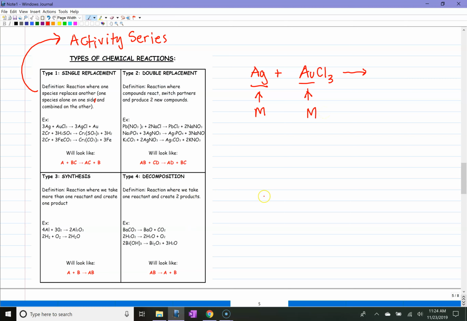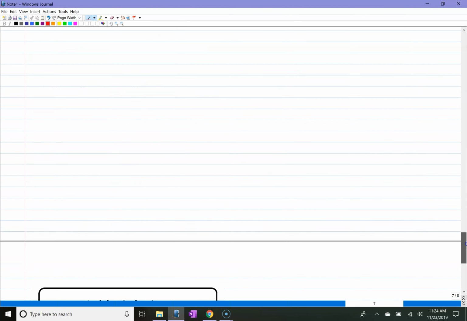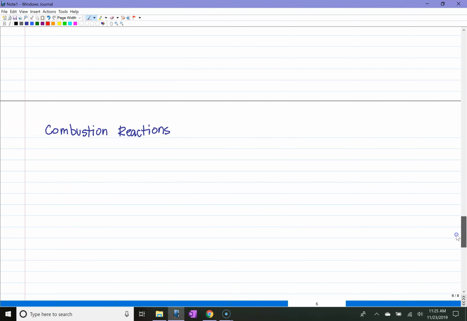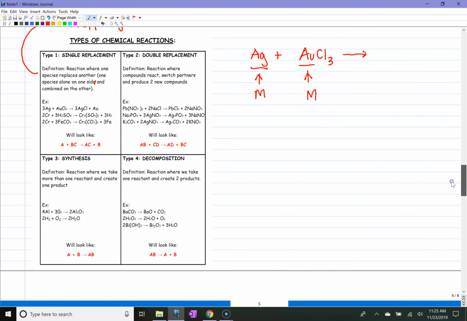Next, I'm going to come down and look at the activity series of metals, and I'm going to see which one is higher on the chart. Is gold higher than silver, or is silver higher than gold? Well, silver is third from the bottom and gold is the last one. So silver is higher than gold.